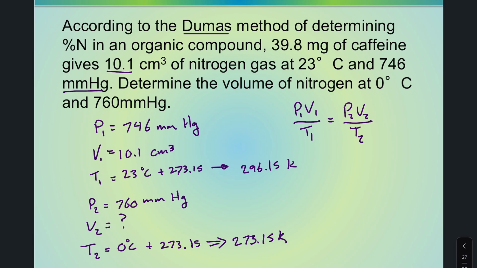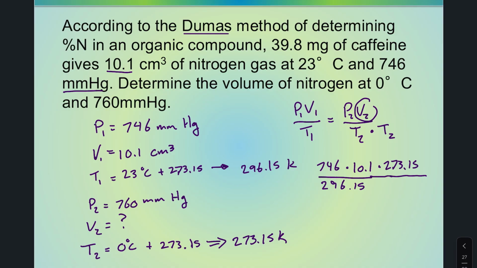And we can just start plugging things in. Our P1 is 746. Our V1 is 10.1. We will divide that by our T1, which is 296.15. We need to get V2 all by itself, so we'll multiply both sides by T2, which is 273.15.